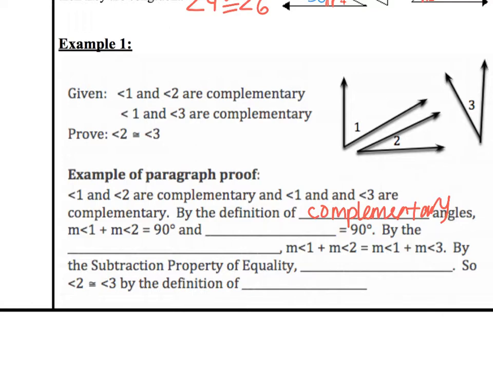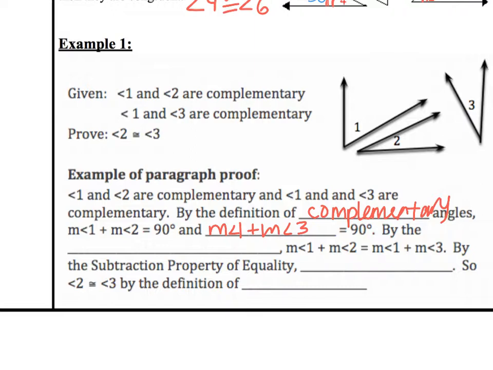We could also say something else is equal to 90. What's another equation that we could write? Angle 1 plus angle 3. Yep, measure of angle 1 plus measure of angle 3 is equal to 90, because they're also complementary. And then, this is a property.